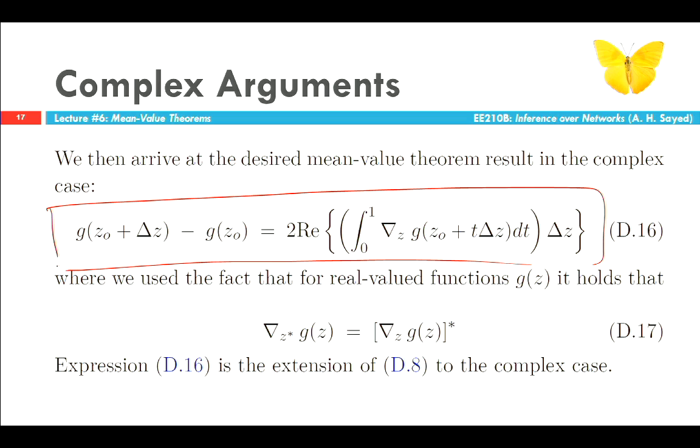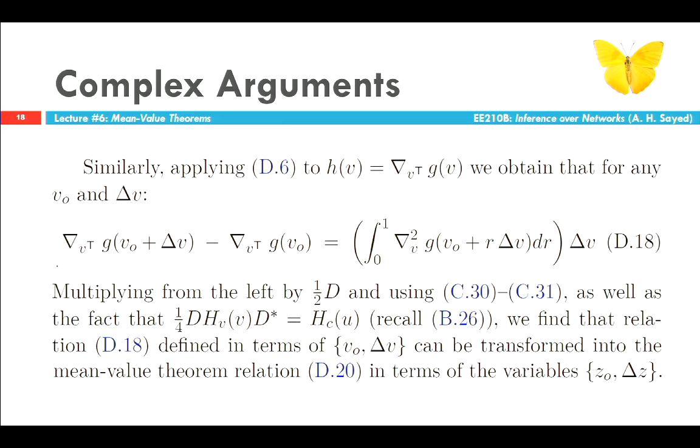So let's do the next one now. The mean value relation for the gradient. Again, if I write it down in the v domain, this is exactly what we derived before. In the v domain: gradient relative to v, the Hessian relative to v. Now transform this to the z domain. I know how each one of these can be expressed in terms of the gradient relative to z. This is what I just showed on the previous slide.